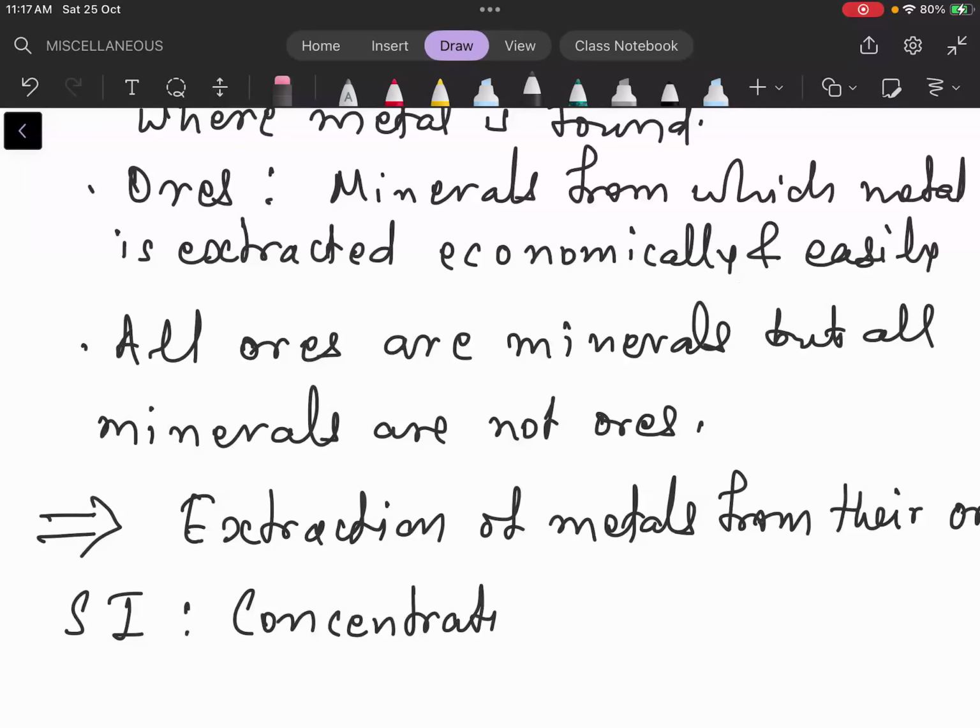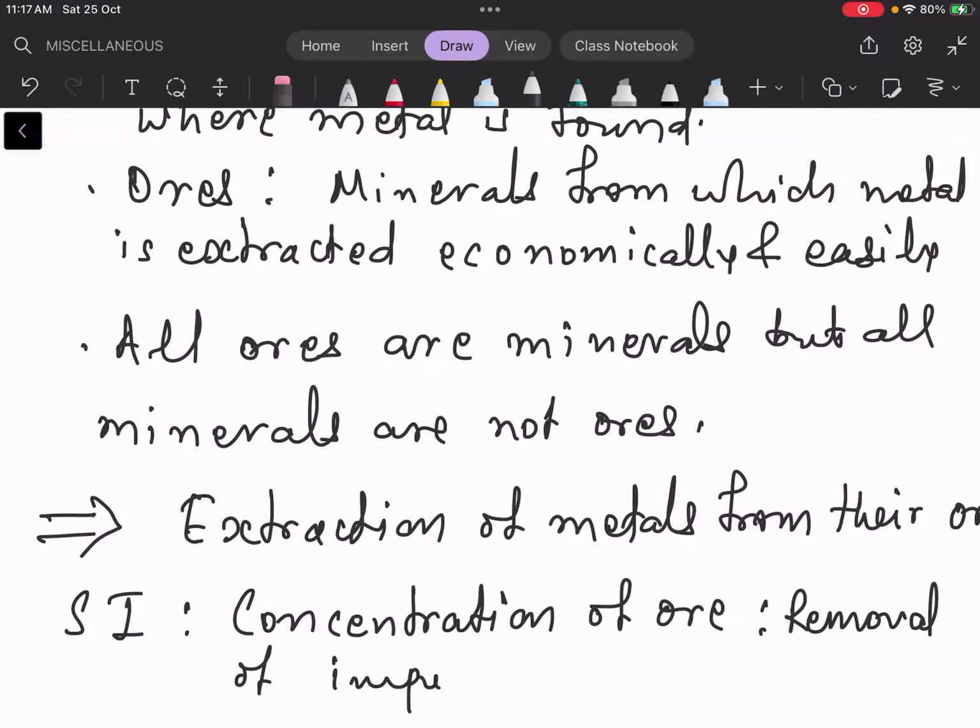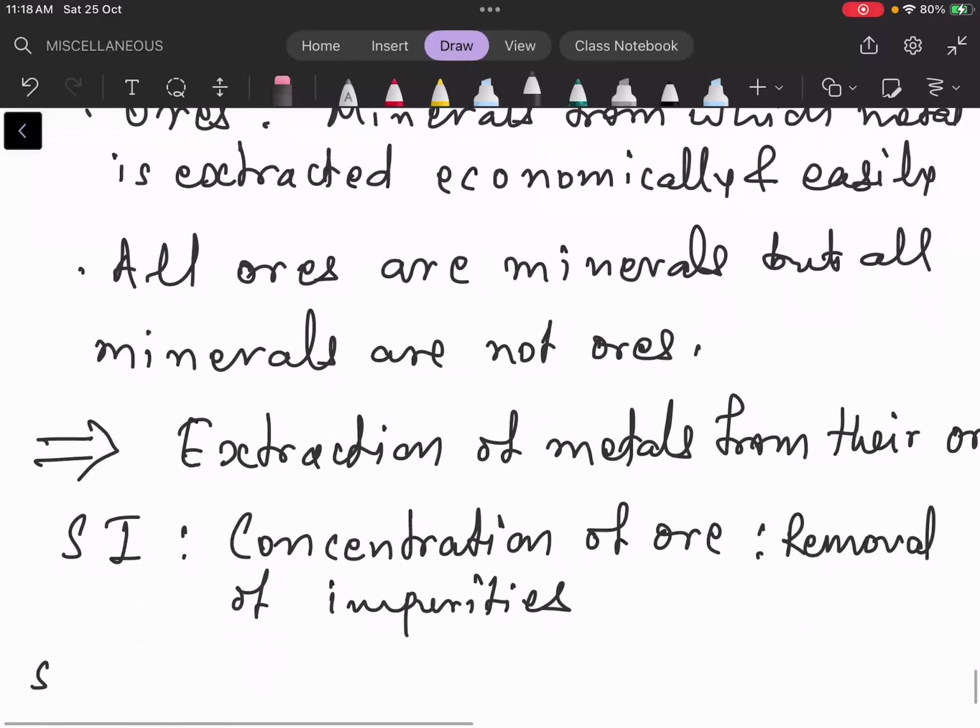Concentration of ore is done by removal of impurities. It involves a process of removal of impurities. I'll tell in short. Then step 2. Step 2 is what?